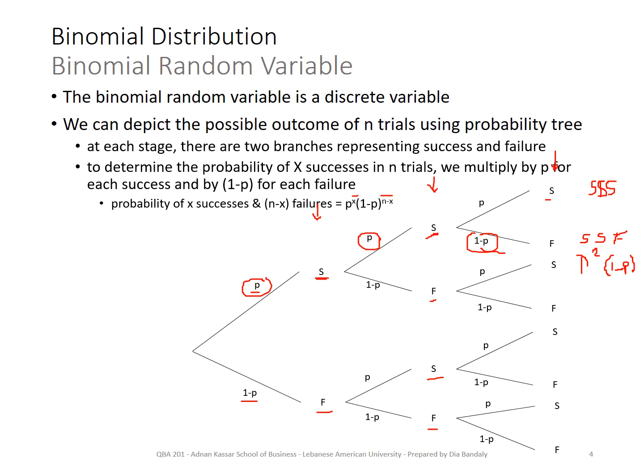So p to the power x, that's p to the power 2 in my case, and 1 minus p to the power 1 in my case, because it's n minus x. I have 3 trials, so n is 3 minus 2, the number of successes, which is 1. So this just illustrates what we are doing here.